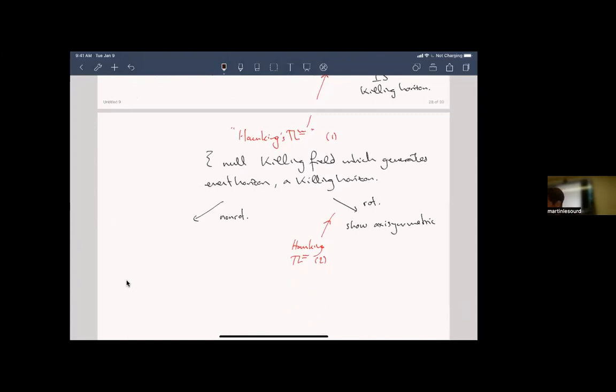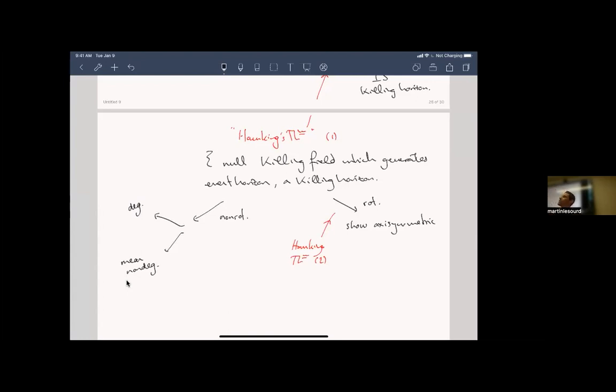And then if it's non-rotating, it splits up into two cases. Either you have degenerate, or you have mean non-degenerate. Degenerate means the surface gravity is vanishing, like in the extremal case. A non-degenerate Killing horizon is when the surface gravity, the coefficient in front of the vector field, is non-zero.